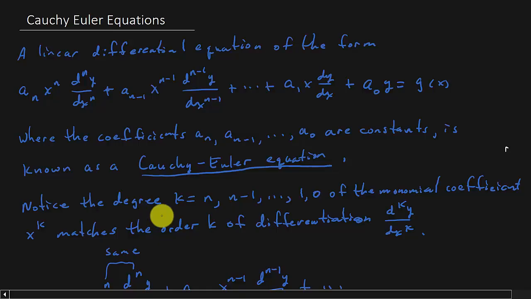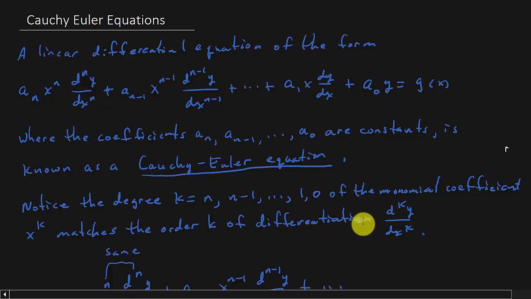Notice the degree k equals n minus 1 down to 1 and 0 of the monomial coefficient x to the k matches the order of differentiation.